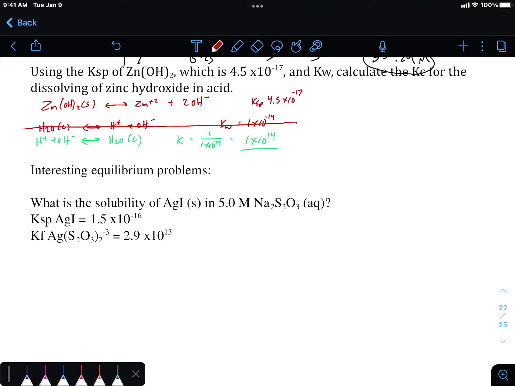All right, so looking at what we have, can I combine my two equations to successfully cancel the hydroxide? I can partially cancel the hydroxides, but the equation doesn't mention hydroxide as being present, which means I need to cancel all of the hydroxide. So what do I do?